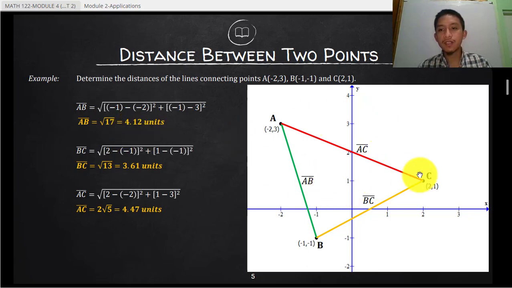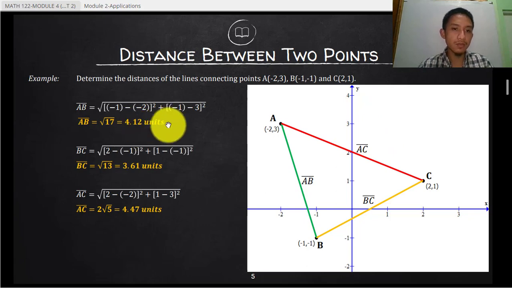We do not have given units on our x and y axis. It is not given if that is centimeter or meter or whatsoever. So let's just say that is units, to be general. Therefore the length of your line segment connecting A to B is square root of 17, the exact value, or in decimal approximately 4.12 units.